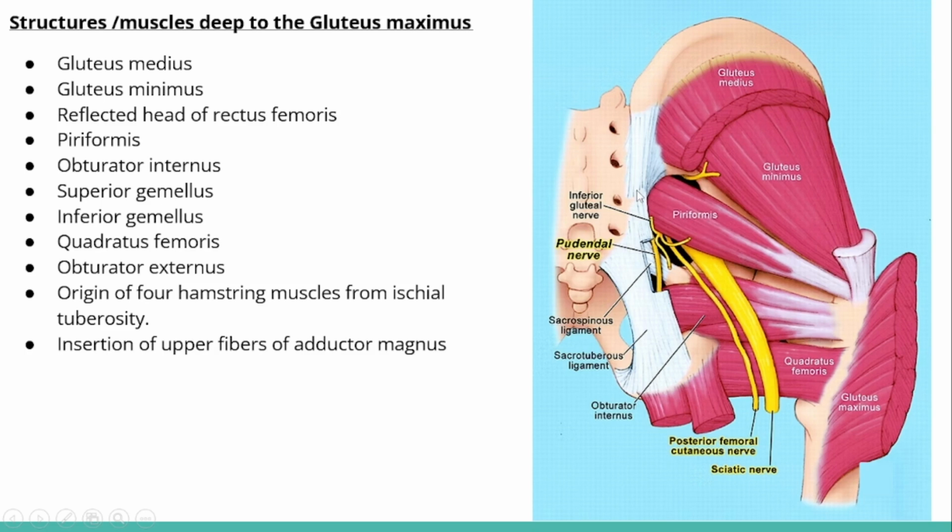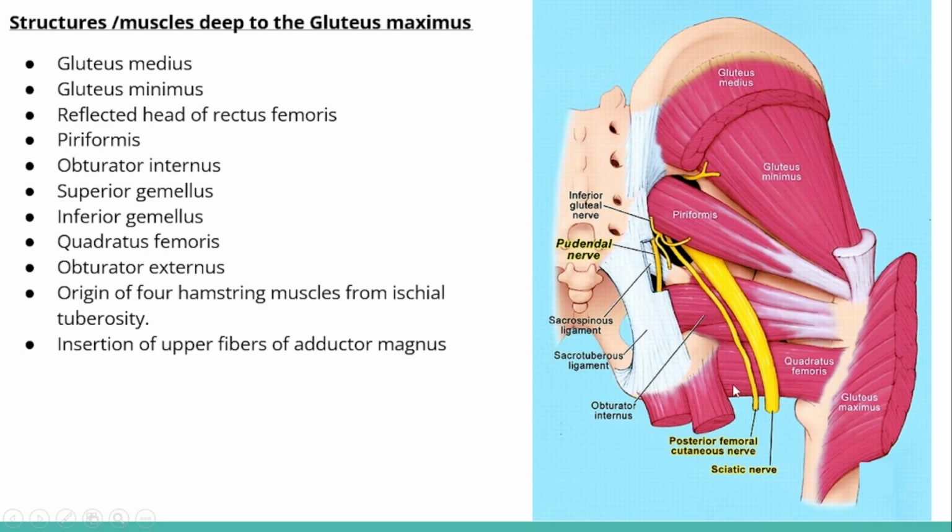From the greater sciatic foramen, the piriformis muscle emerges. Beneath that, we can identify the superior gemellus muscle, and then obturator internus. Beneath the obturator internus, we have the inferior gemellus, and beneath the inferior gemellus, you can see the quadratus femoris muscle.